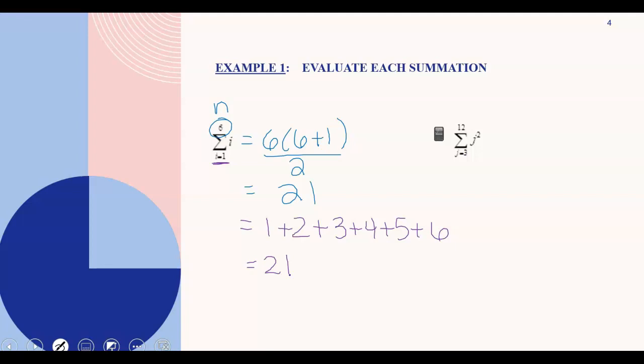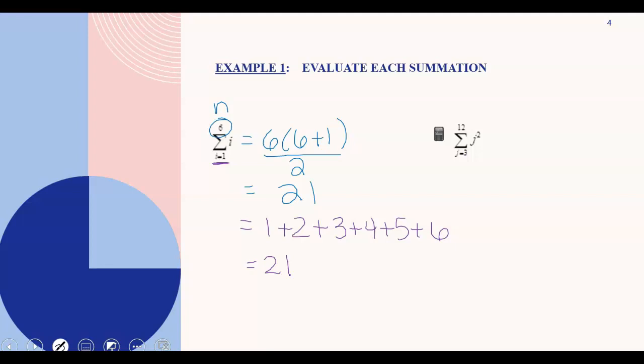The next one, if you had to do it by hand without a calculator, you could use a calculator, because those are going to be some large numbers once you're getting into squaring 12 and then adding it to 11 squared, and so on and so forth. I'm also going to show you how to get the summation on your calculator.